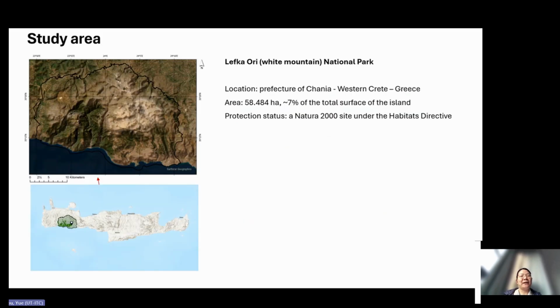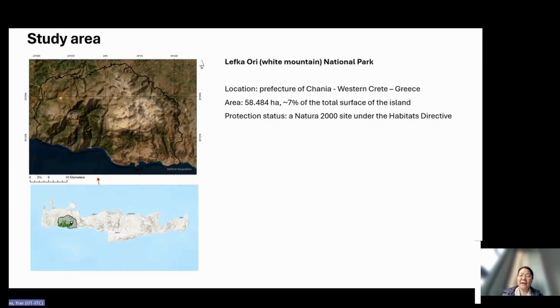And our study area is on Crete Island. It is called White Mountain. It's a national park of about 58.5 thousand hectares, representing 7% of the total surface of the island.